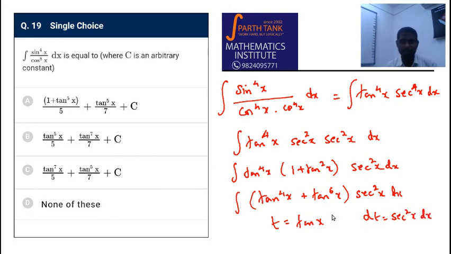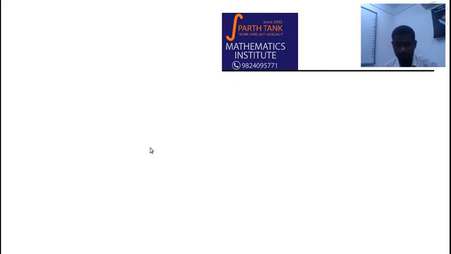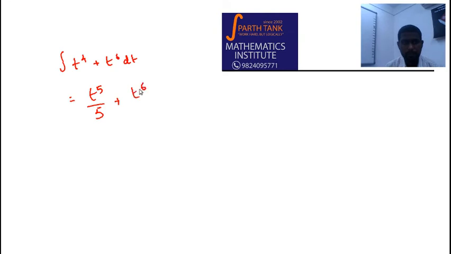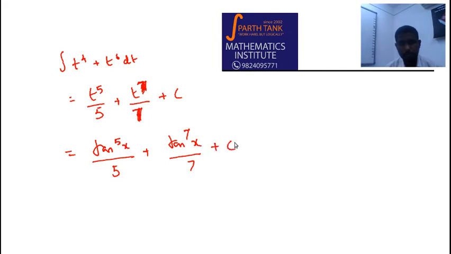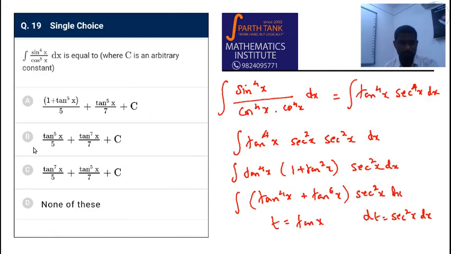So the integral is just t power 4 plus t power 6 dt, which is t power 5 by 5 plus t power 6 by 6 plus c, and t is nothing but tan x. So the answer is tan power 5x by 5 plus tan power 7x by 7.